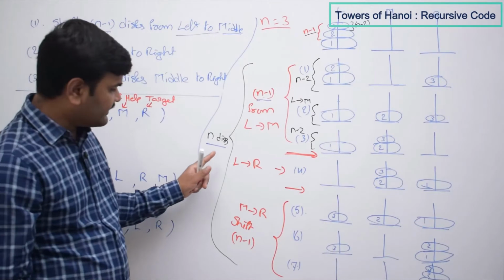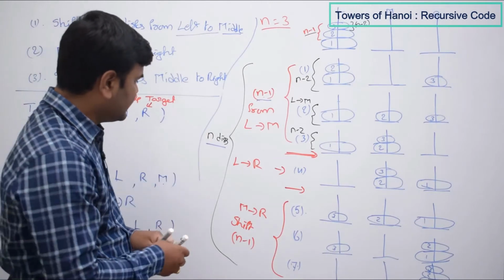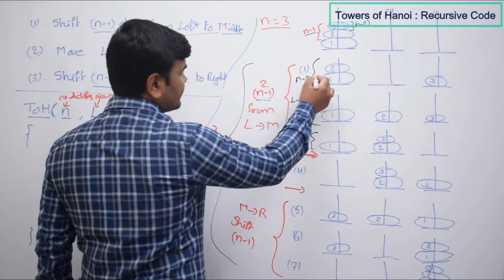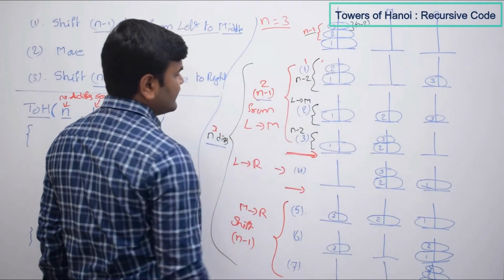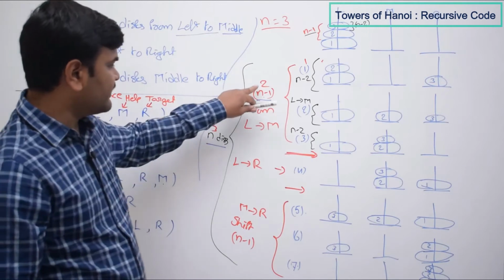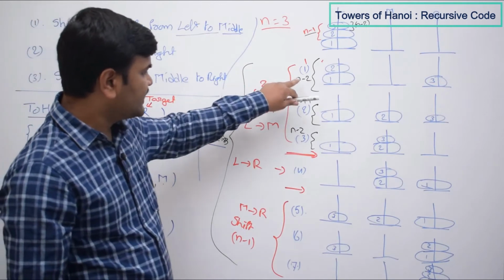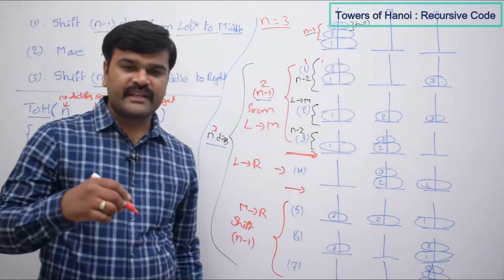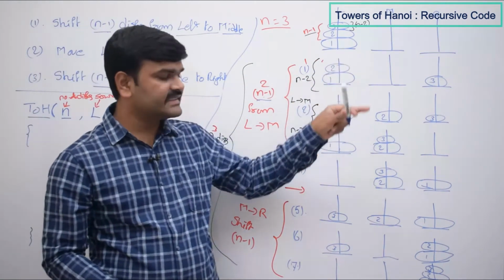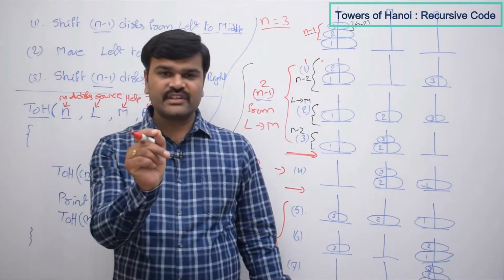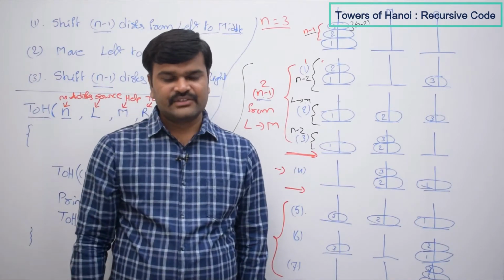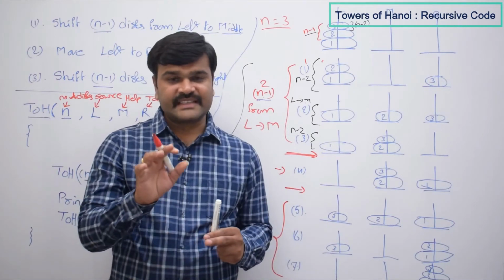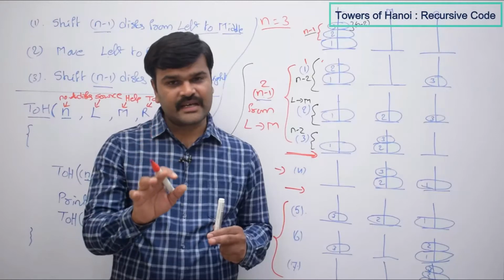Even if you observe here, initially we have 3 disks, after that 2 disks, after that 1 disk. That is n is 3, n minus 1 is 2, 3 minus 2 is 1. Further if you go, n minus 3, that means 3 minus 3, 0. That means 0 disks you have to shift. So when you have 0 disks, you need not do anything. That is the base condition where you have to stop.